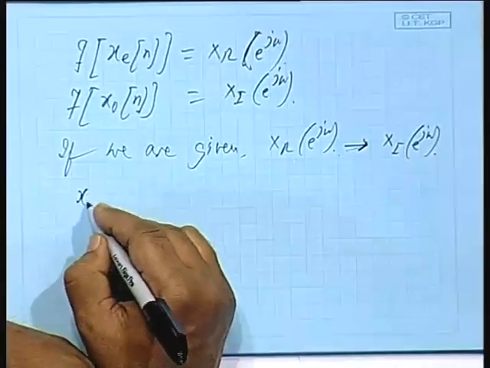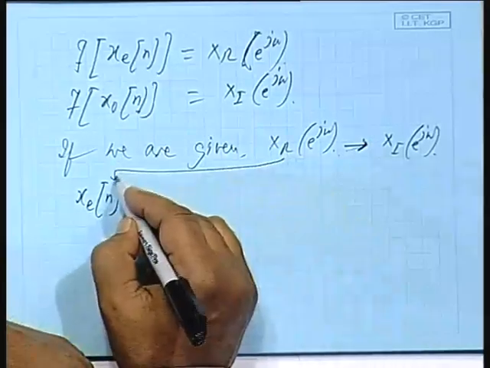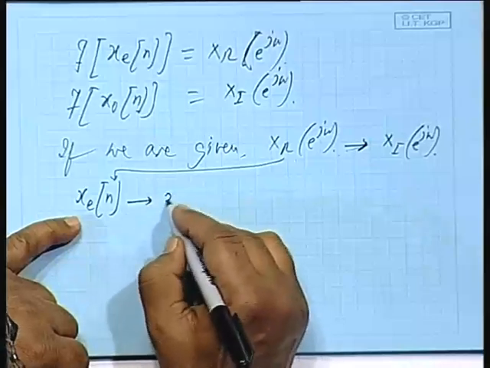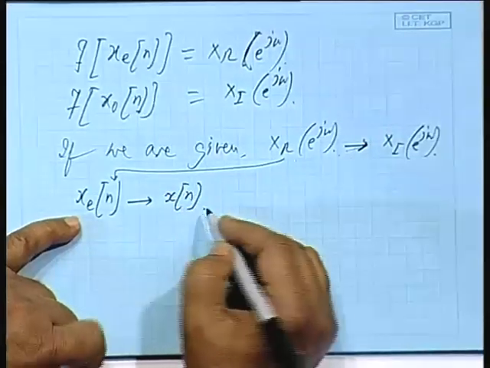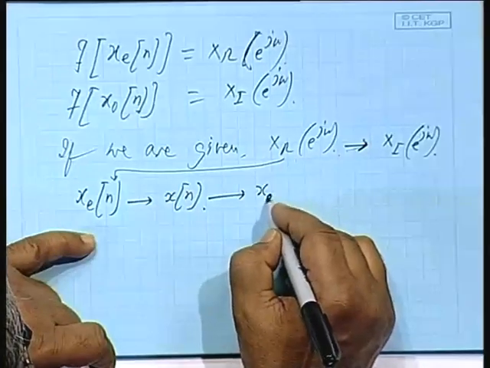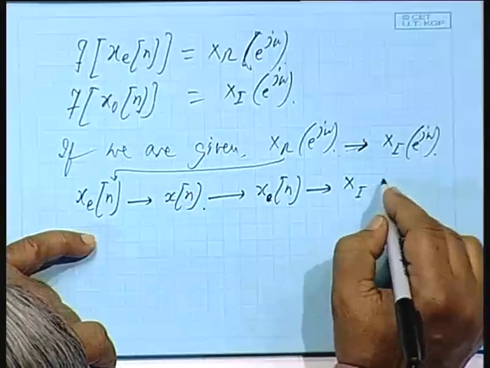Now, the logic is the real part will give me in the time domain the even part, and from the even part we can reconstruct x n, and from x n we can obtain the odd part, and from the odd part we can find out the imaginary part.